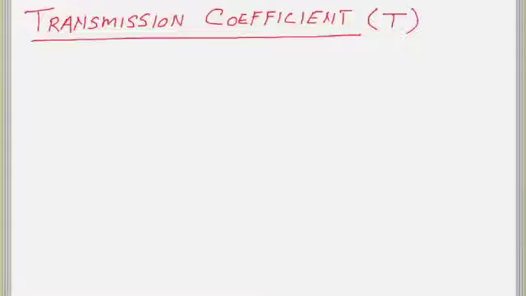Or it's also called the transmission probability. Okay, so what is it? The formal definition is the ratio of the transmitted flux to the incident flux.